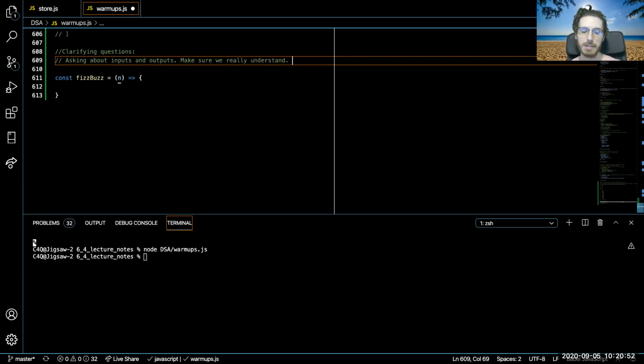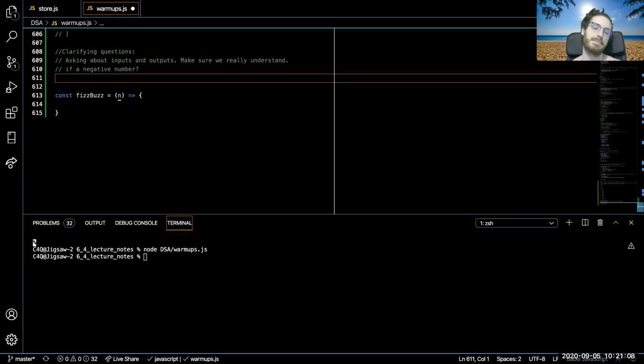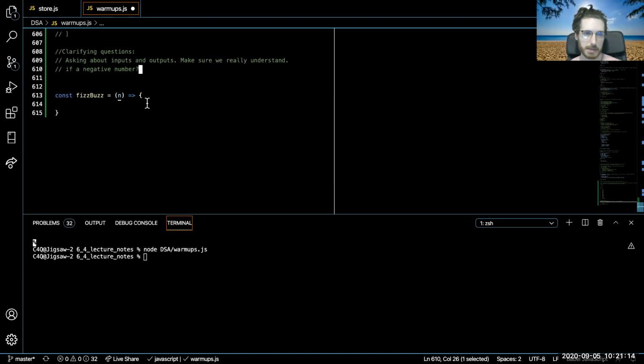Because we want to know, is this an array? Are the numbers actually supposed to be converted to strings? We want to really know everything about that. We might want to ask if a negative number can show up, or if we should be protective of that. But for now, let's not worry about that too much.